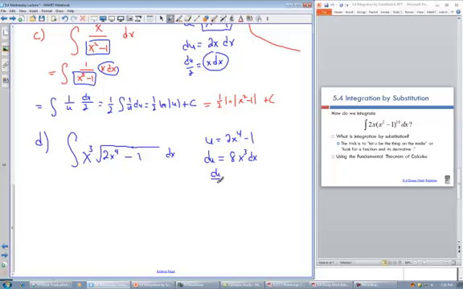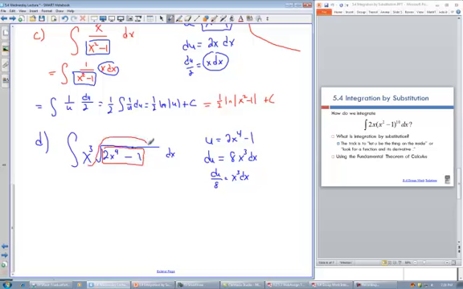Du over 8 is equal to x cubed dx, because I do not have an 8 in front of the x cubed. So when I go back to substitute in for 2x to the 4th minus 1, what I see is that this is a u. Great.